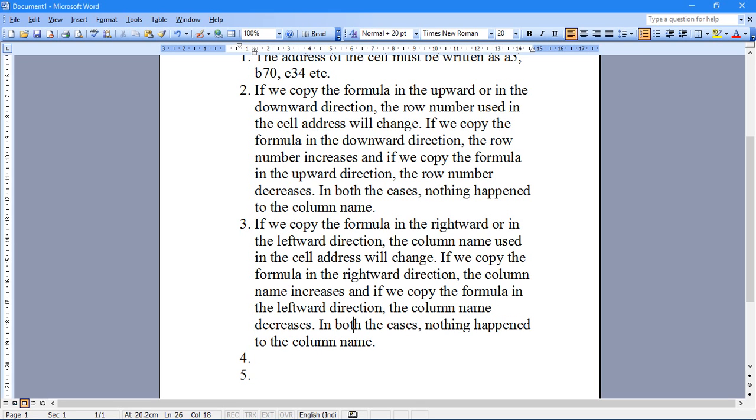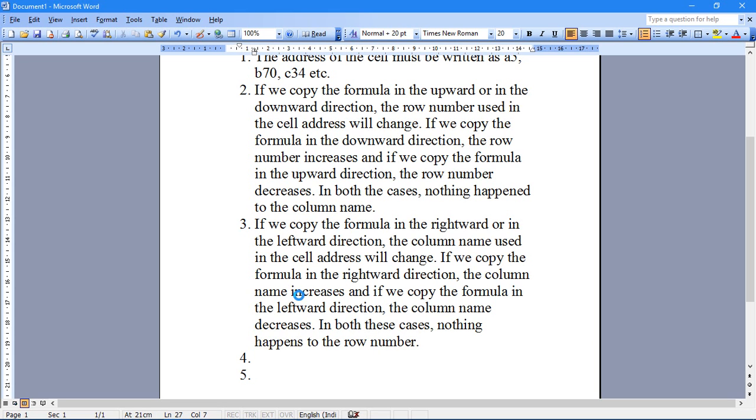In both these cases, nothing happens to the row number.